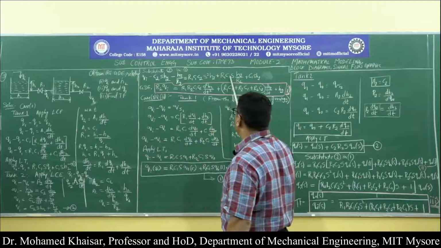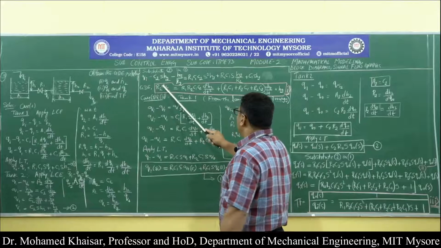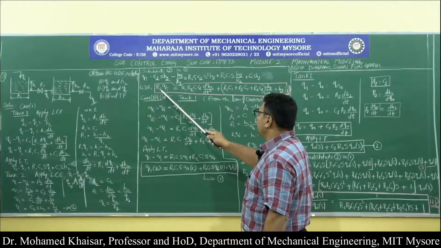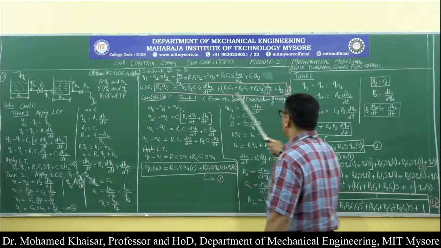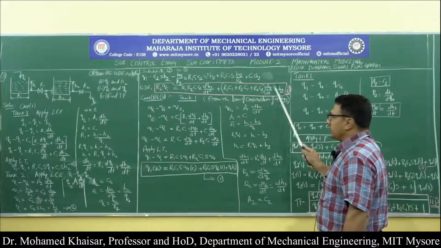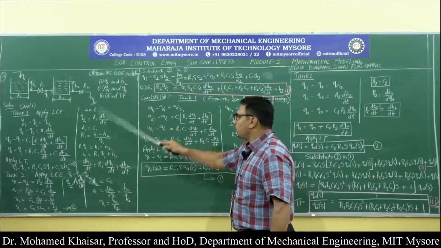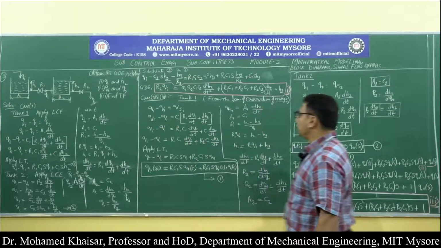That is what has been written over here. Then you would come to know that you will find everything in terms of Qi and H2. If you just rewrite this, then you will be left with R2 Qi on one side and rest everything in terms of H2. That is what is asked over here. The governing differential equation you have found out for this system in terms of only Qi and H2.